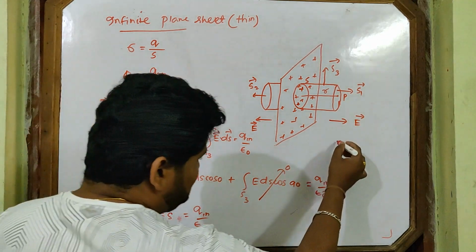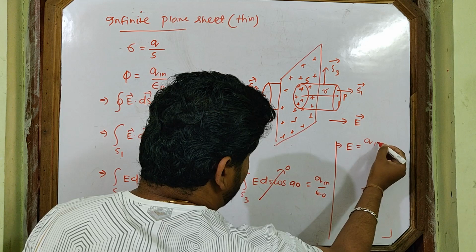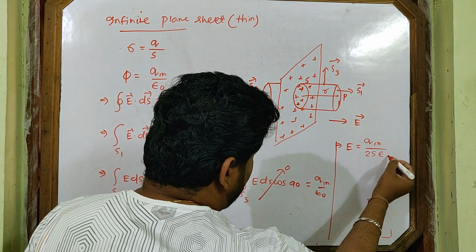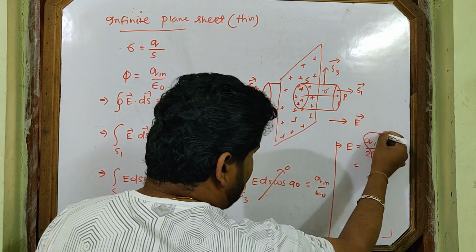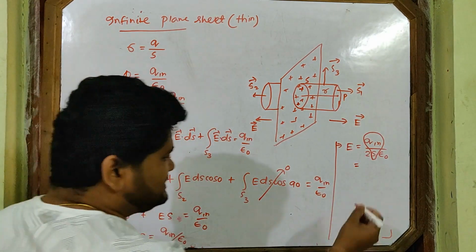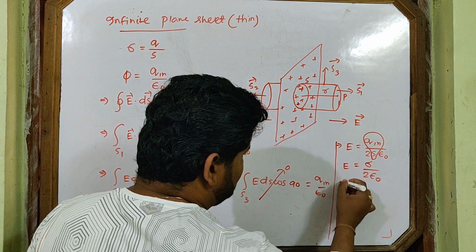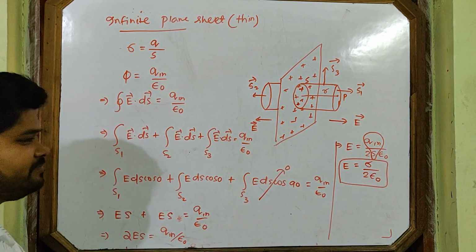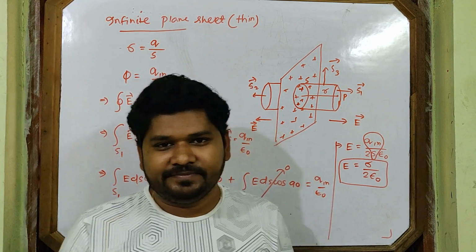Then what is E? Here I am going to see E is equal to Q in by 2S epsilon naught. But Q in by S, this is a sigma. So sigma by 2 epsilon naught. This is the electric field due to infinite thin plane sheet.